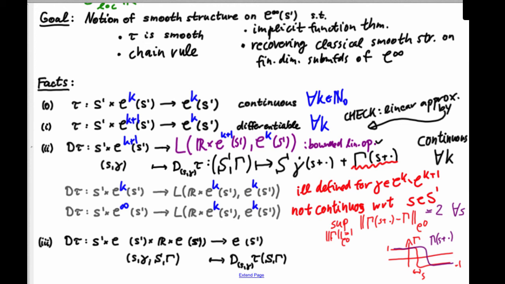This goes to 0 pointwise. If I fix a continuous gamma, then it has some uniform modulus of continuity, and so it'll be fine. But it's not a uniform modulus of continuity for all the continuous maps.